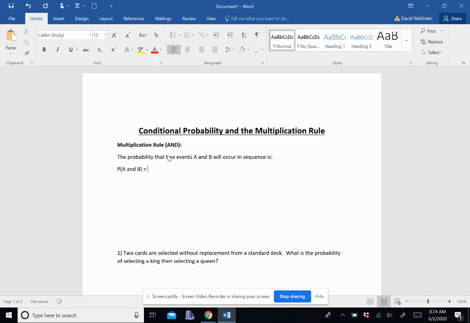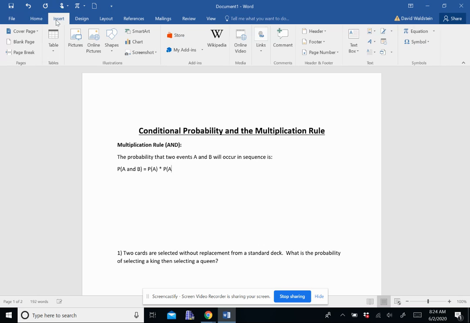And what the probability of A and B is, if you remember from when we did our possible combinations, we're going to be multiplying. Now, the tricky thing here is that the probability that A and B is going to occur is the probability of A times the probability of B given A, right?